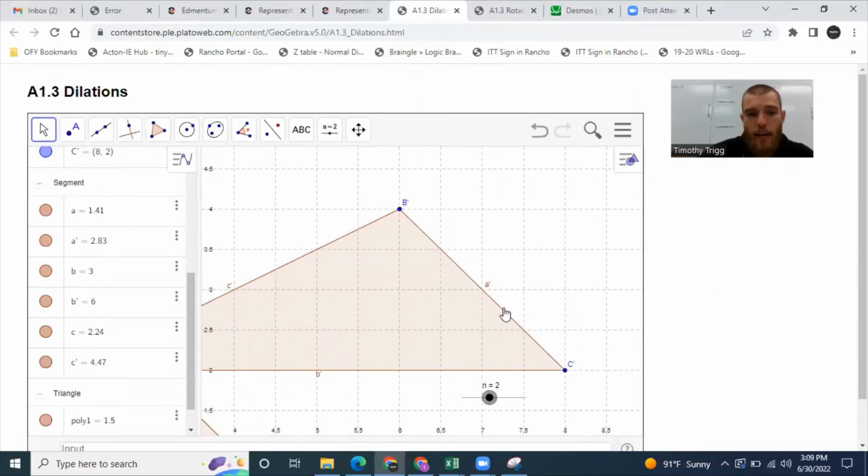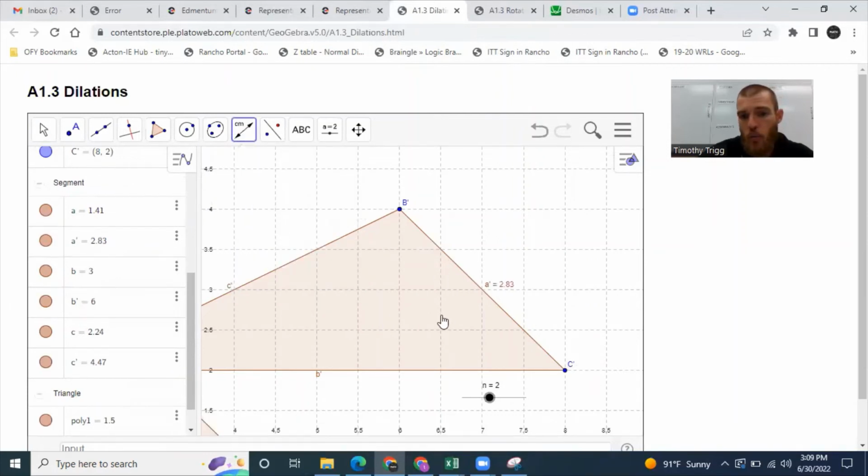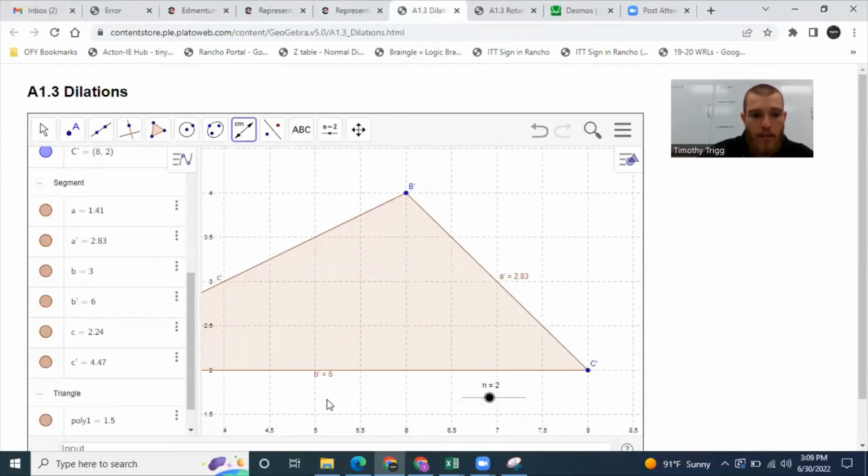Now, what is that side length? Well, one thing you can do is go to distance or length and just click on it, and it should tell you what it is. Okay, 2.83. For B prime, it's 6, and for C prime, it's 4.47. So I'm going to go ahead and write those down: 2.83, 6, and 4.47.